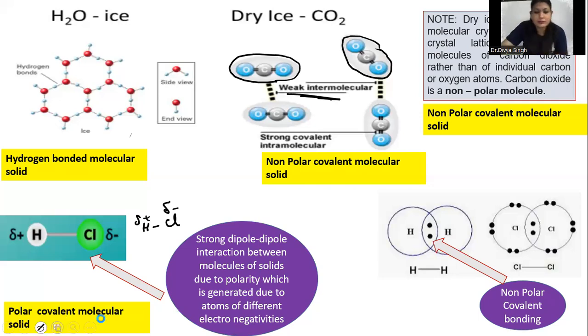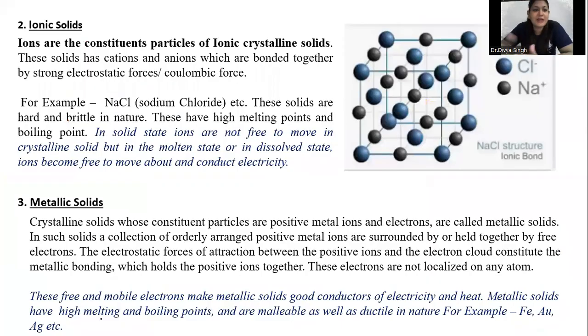Okay. Now, the next type is ionic solids. Ionic solids. What are ionic solids? See, whenever we say ions, it means cations and anions.